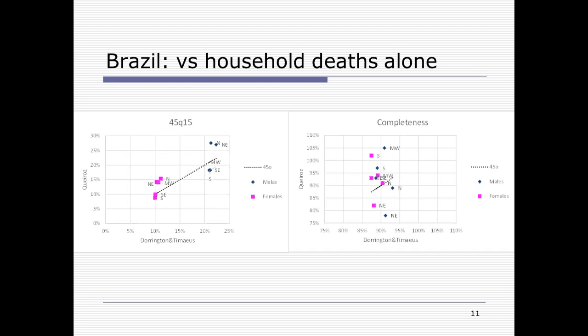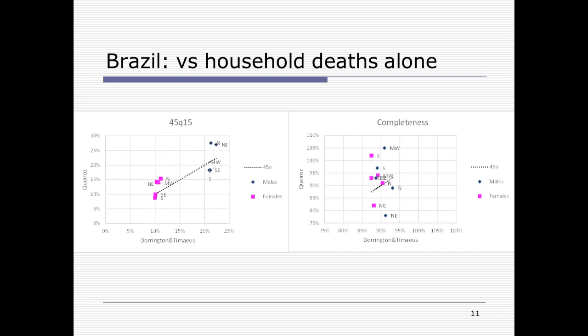And for the household data, if you look at the 45 to 15, you'll see that where we've got a marked difference between males and females, and a fairly narrow spread in the mortality between regions for males and for females, the estimates that come from household-only data are far more spread.